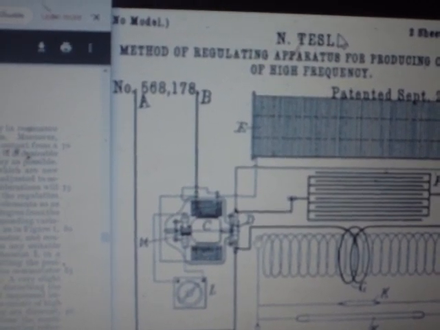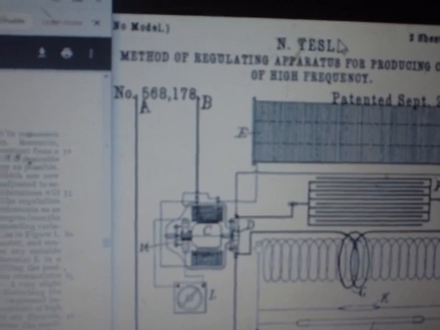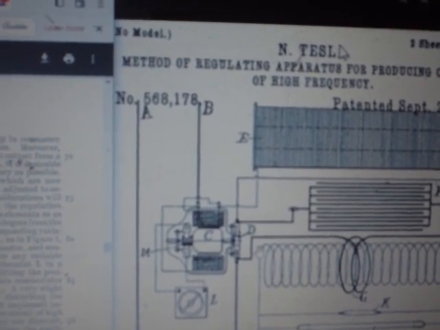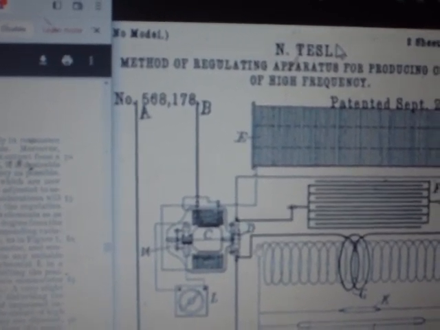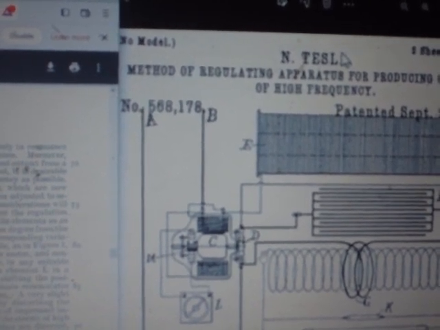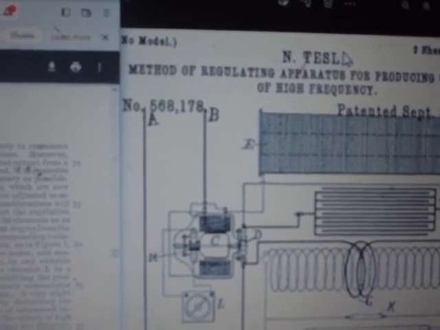I effect the regulation of the system by adjusting its elements so as to depart in a greater or less degree from the above conditions with a corresponding variation of output.